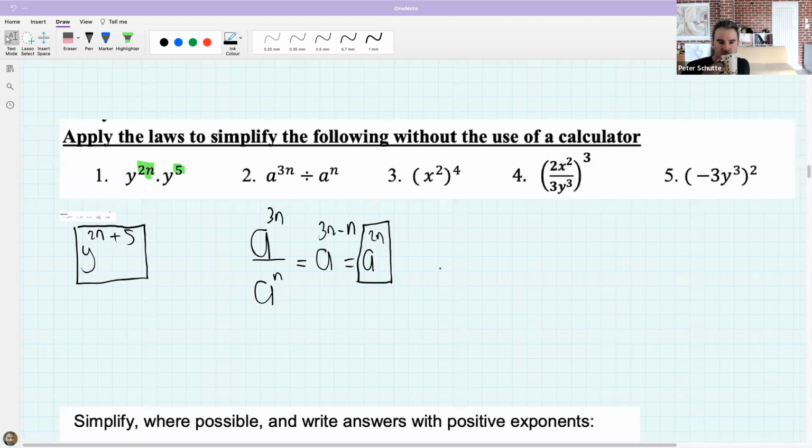So the first three are pretty definitional, but 4 and 5 start to increase the complexity.